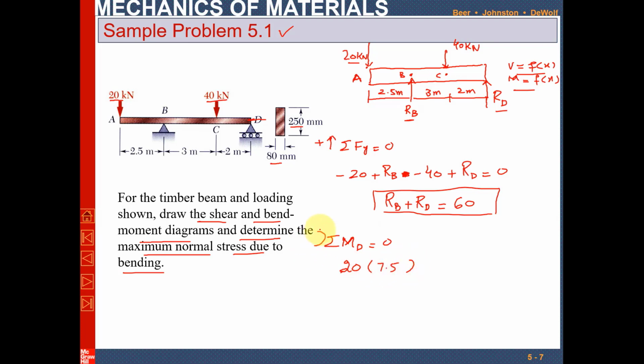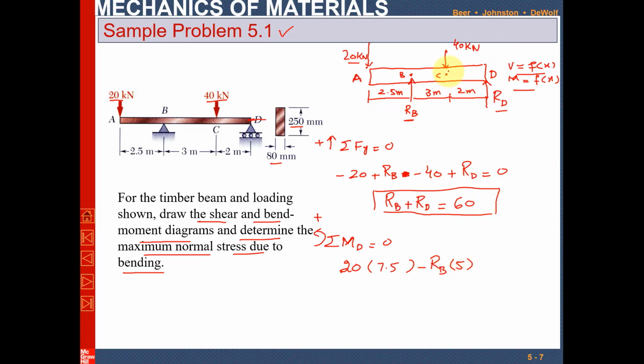Now we assume that counterclockwise moment is taken as positive. You can see this 20 kilonewton is producing a counterclockwise rotation, that is why it is positive. Now this RB is unknown and its perpendicular distance is 5 meter from point D. Clear? So RB is producing clockwise rotation, so that is minus RB into 5.